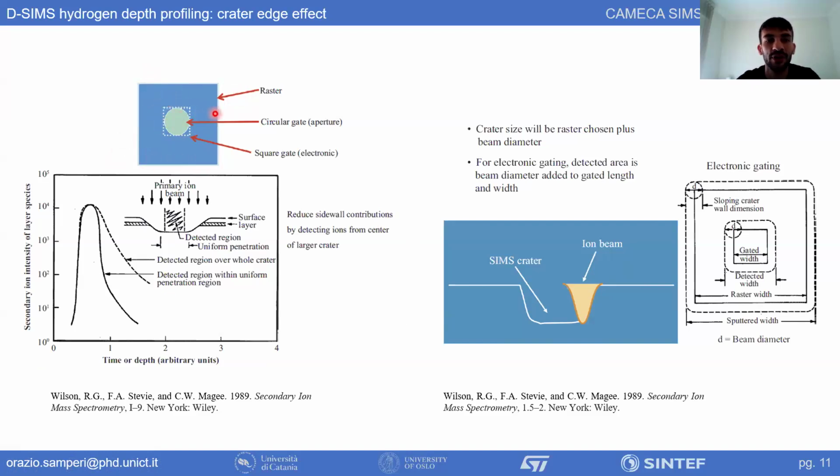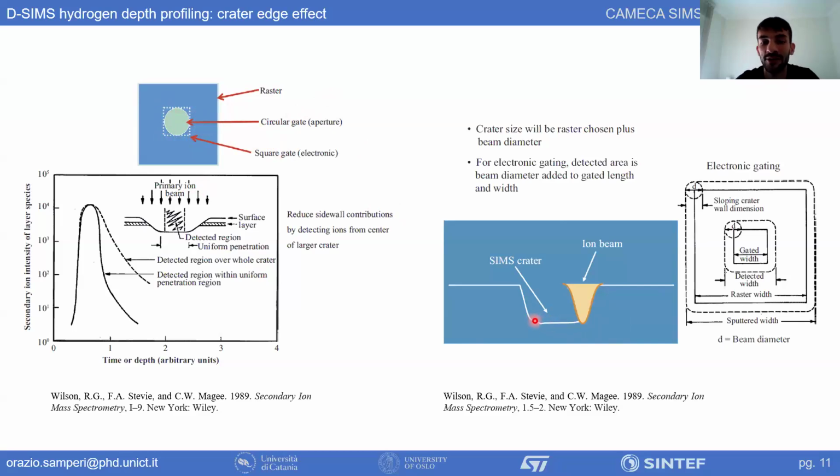Then, through the optical and electronic gating, you choose a little region in the center where you extract the secondary ions. The condition that must be satisfied to have the best depth resolution is that this little region corresponds to a region of the crater where the bottom is flat. The flatter the bottom, the better the depth resolution.